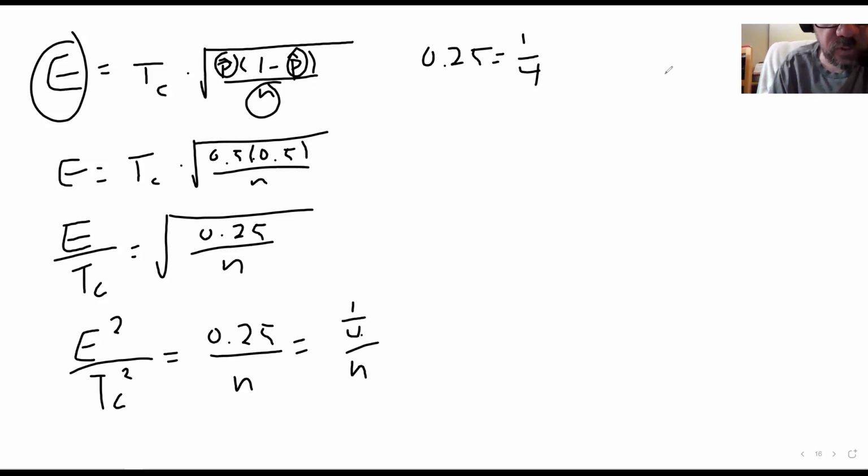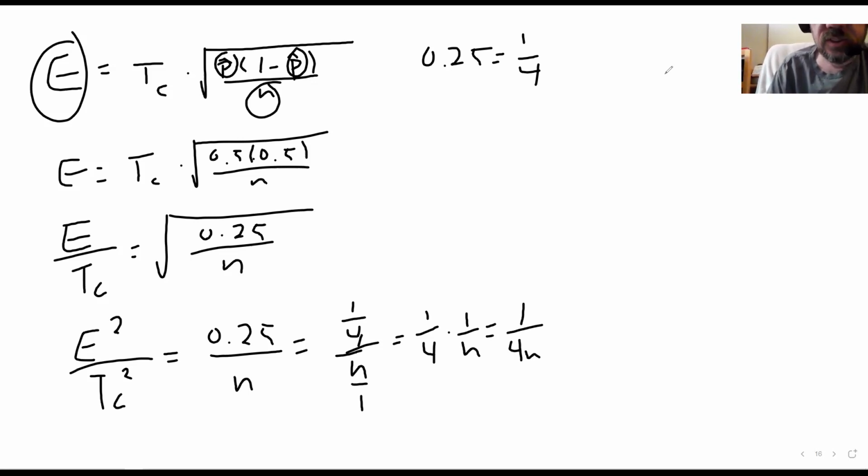And I don't know if you remember how to divide fractions, but that's basically what I've got. So I've got a fraction buried in another fraction, right? So the bottom is like n over 1. So this is 1/4 times 1 over n. What I'm doing is I'm flipping over the bottom and multiplying, which is how you divide fractions. So this whole thing is 1/4n.